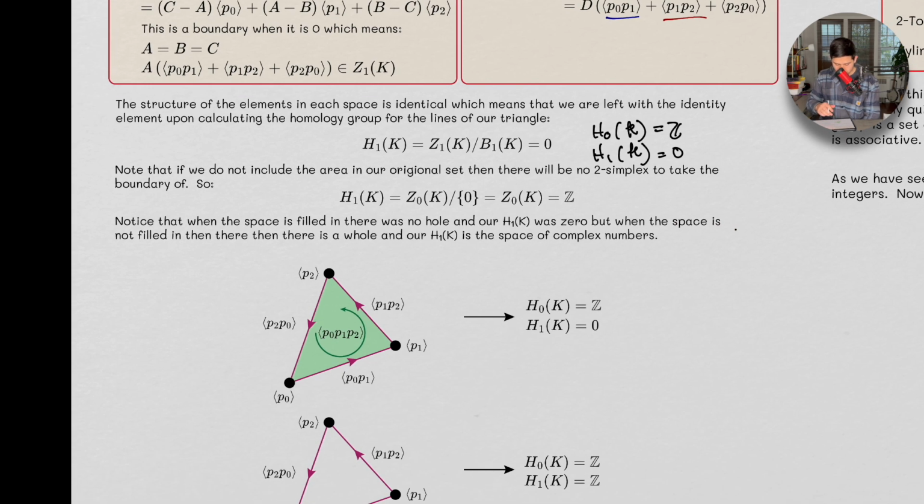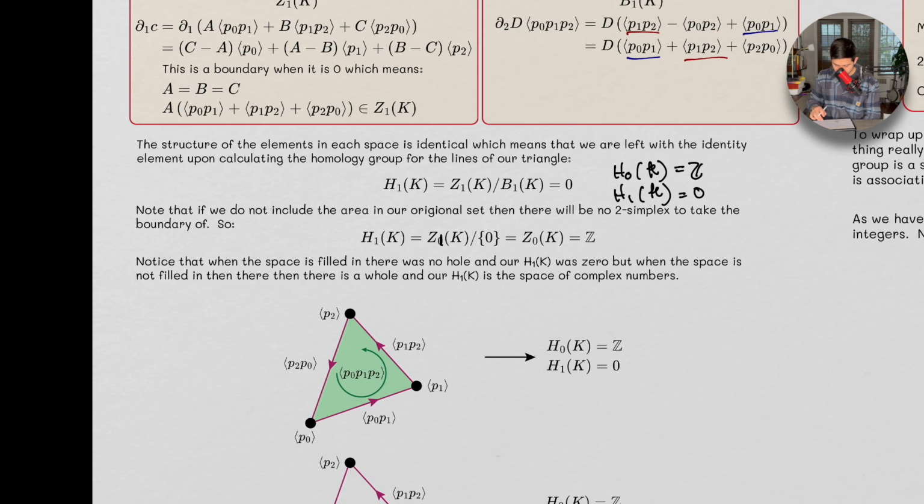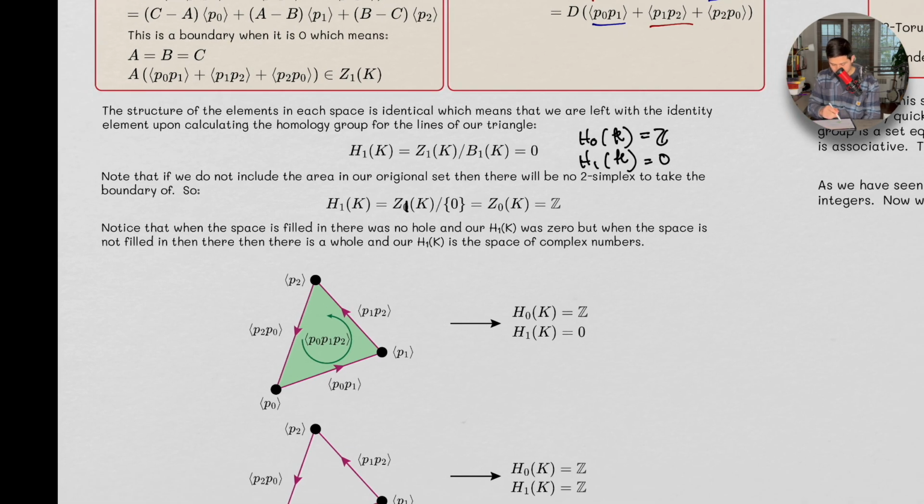So note that if we do not include the area in our original set, then there's going to be no 2-simplex, and there'll be nothing to take the boundary of it. So we have to do this then. These are all the things that could be boundaries. This should be 1, right? This should be 1. And we have to mod out 0 then, and we get Z.